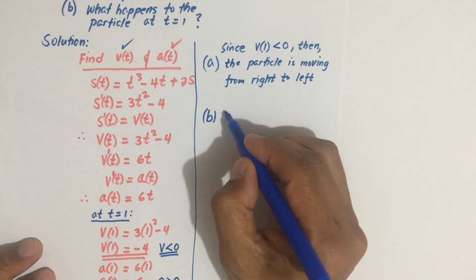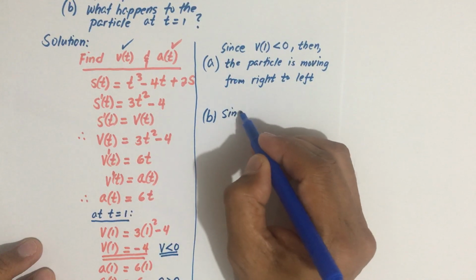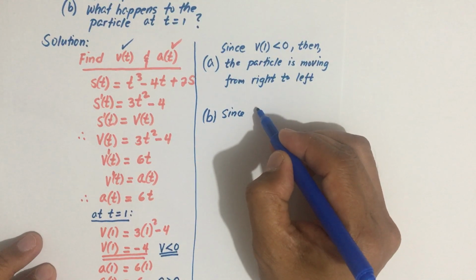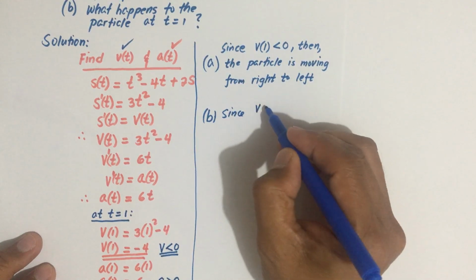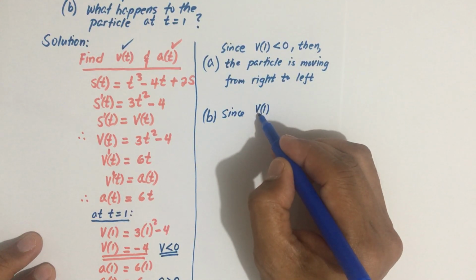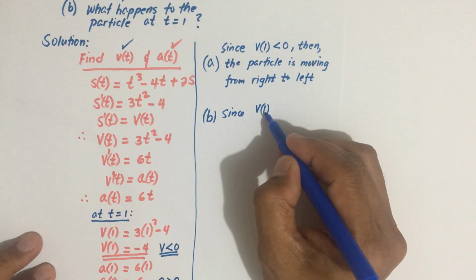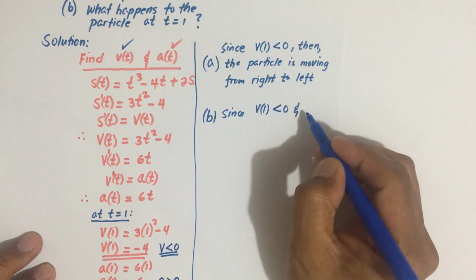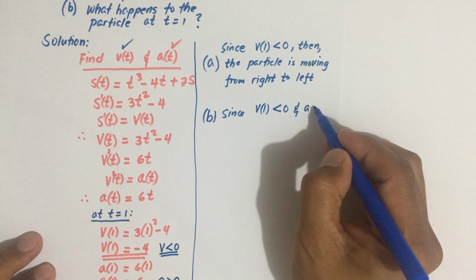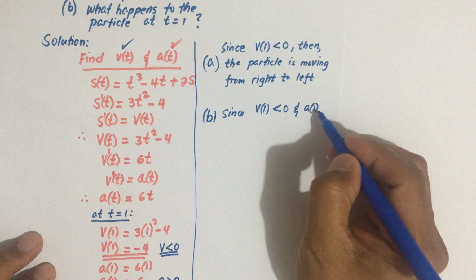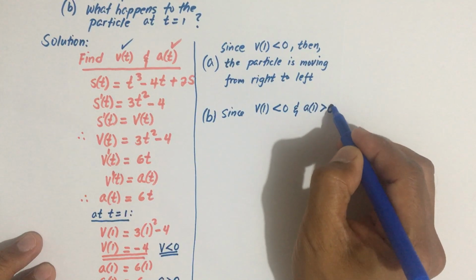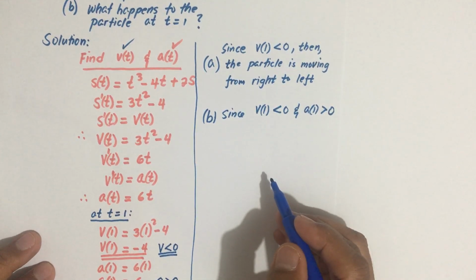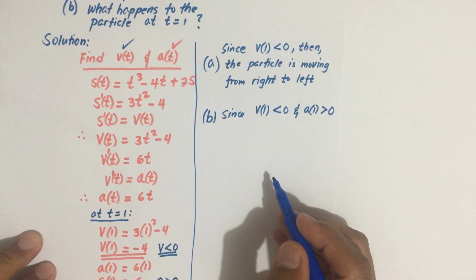Here, since v at t equal to 1 is less than 0, and a at t equal to 1 is greater than 0, then we can say that the velocity and acceleration are acting in the opposite direction.